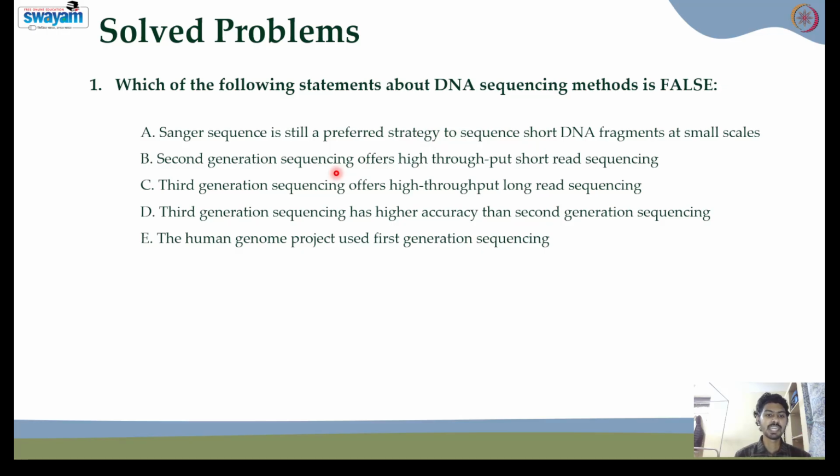Option B, second generation sequencing offers high throughput short read sequencing. Option C, third generation sequencing offers high throughput long read sequencing. Option D, third generation sequencing has higher accuracy than the second generation sequencing. Option E, Human Genome Project used first generation sequencing.